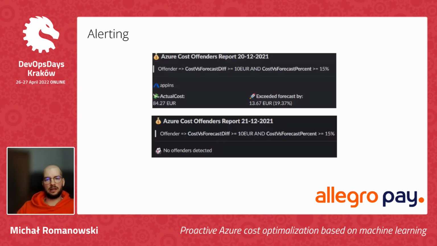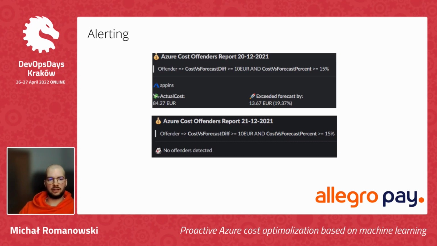So how does this alert look? For example, on the top picture, we've got the alert from the 20th of December last year. And here you've got an Application Insights resource that exceeded its forecast by almost 20%.